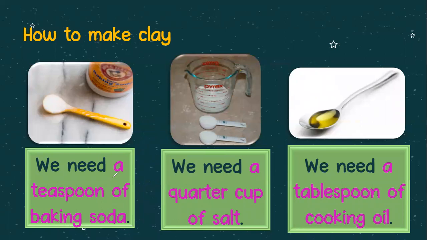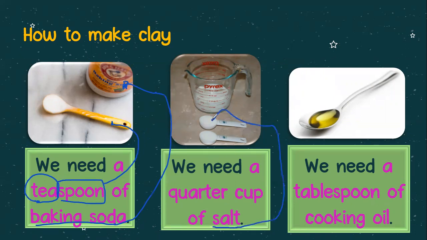This is the new expression in a sentence, a teaspoon. Remember, this is a word that you have already known, spoon, but in this case, we add the word tea. This is a teaspoon of baking soda. This is the baking soda. Now, salt. This is the salt here. And this is a quarter cup of salt. And finally, here we have tablespoon.